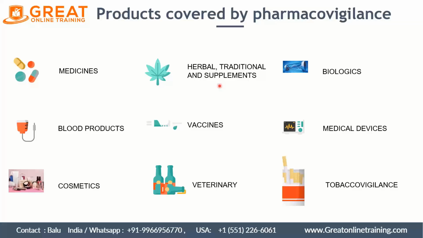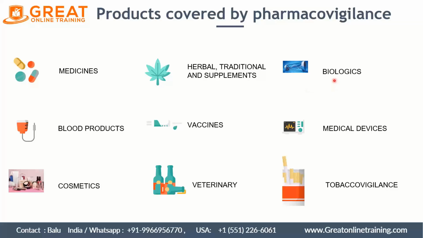Regulatory authorities do not have authority over these dietary, herbal or supplement products when they are marketed like prescription medication. These products might contain ingredients which can cause harm to patients. If any event happens because of these products, we have to report them to the regulatory authorities so that they will take further action on the safety of these products.